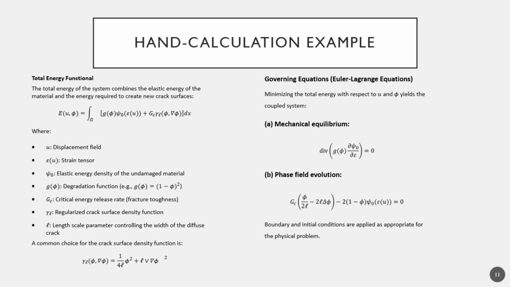Now to study this, we can assume a total energy functional, which is a function of displacement and the phase itself. Now, this total energy functional depends on certain values. It depends on the critical energy release rate, and it depends on the surface density function.